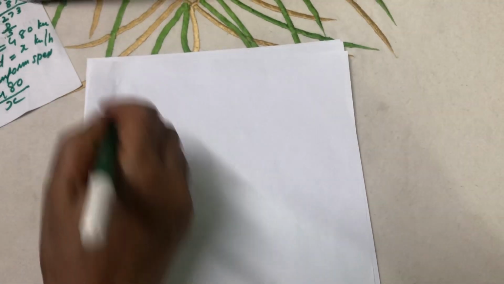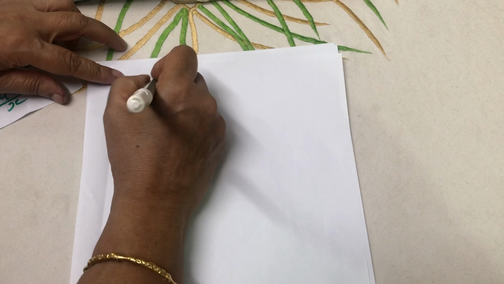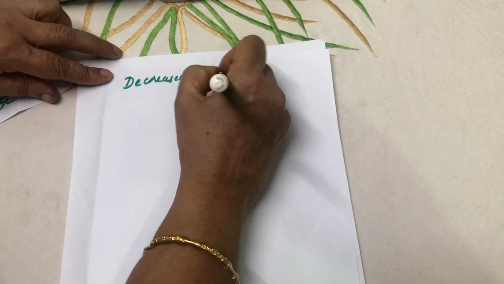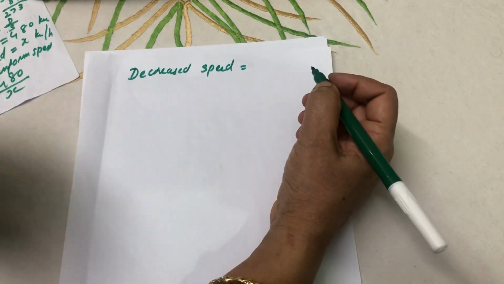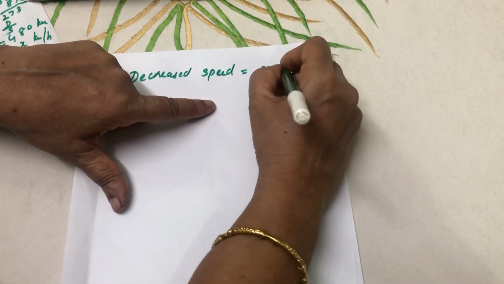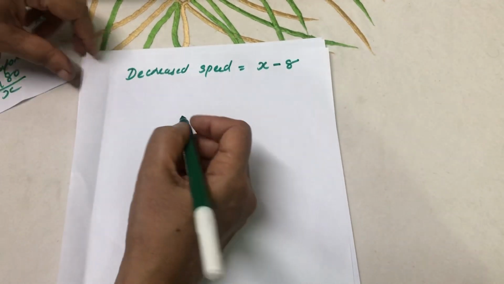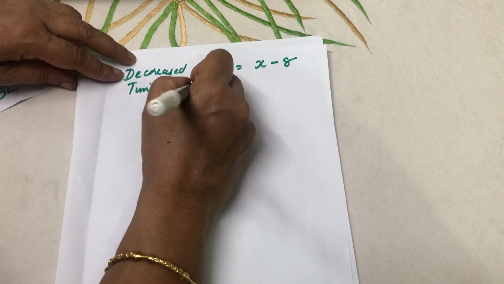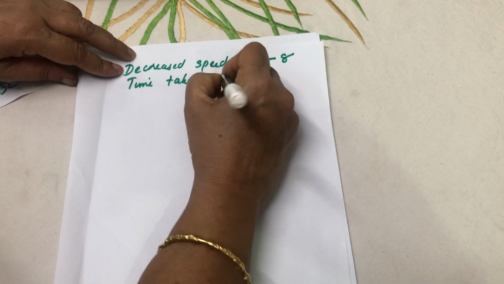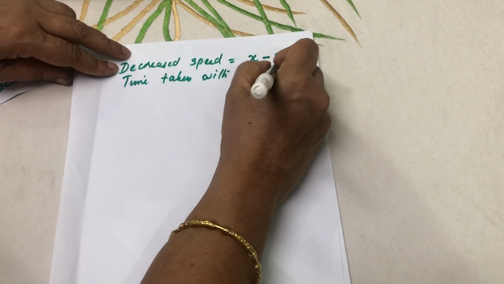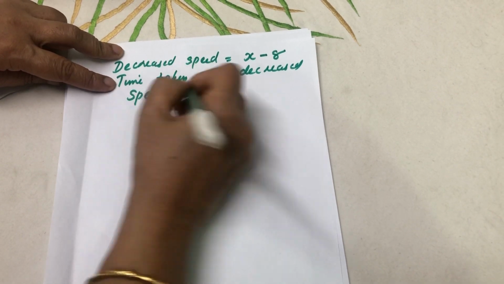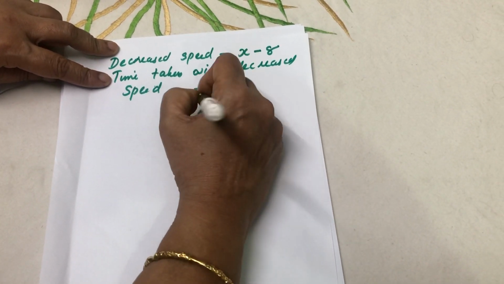Therefore, you write down the decreased speed. Decreased speed is 8 km per hour less, meaning x minus 8. Then time taken with the decreased speed. Again, it is distance by speed.